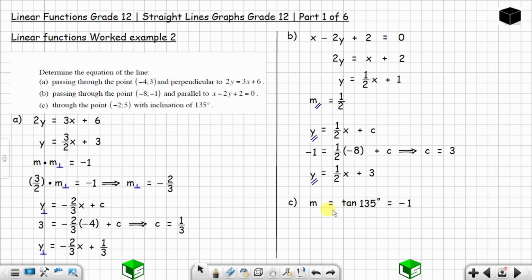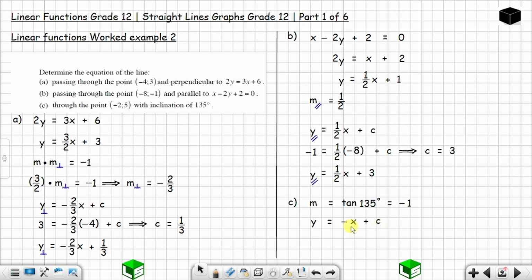Okay, now you have the gradient of the line passing through this point with inclination 135 degrees. Okay, so this is the gradient. So now the equation is negative 1 is the gradient. You have negative 1 times x, so it's negative x plus c. Okay, your gradient is negative 1.